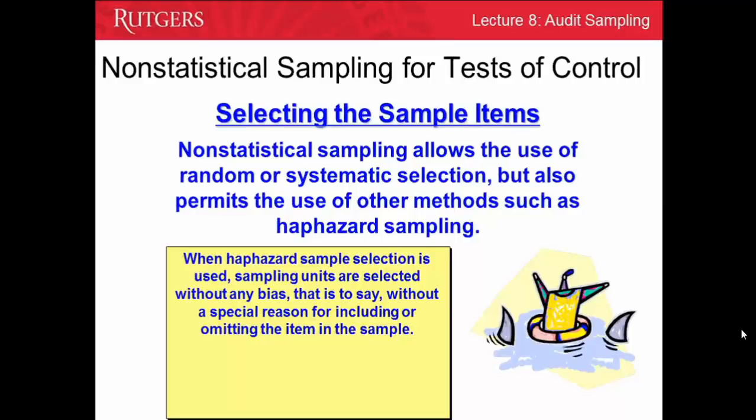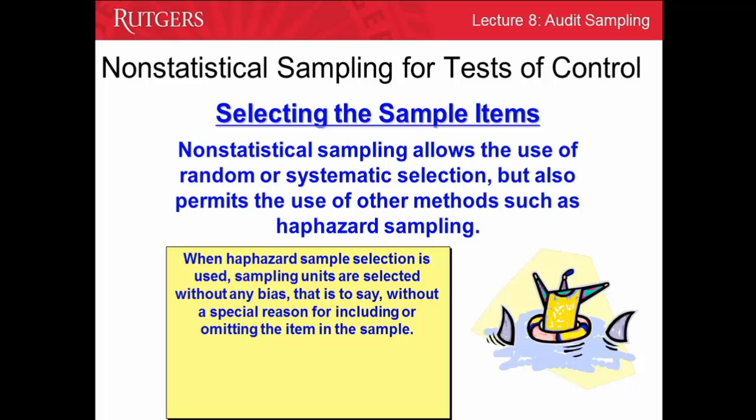Then, in selecting the sample items, while random sample or systematic sampling selection is required for statistical sampling, non-statistical sampling allows the use of those selection methods as well as other selection methods, such as haphazard sampling.